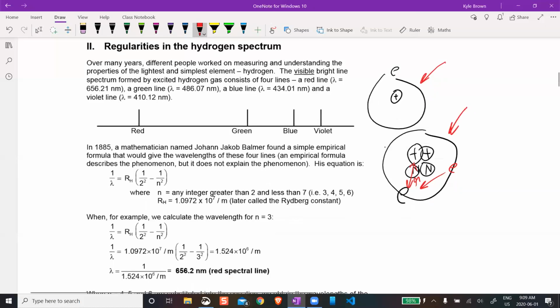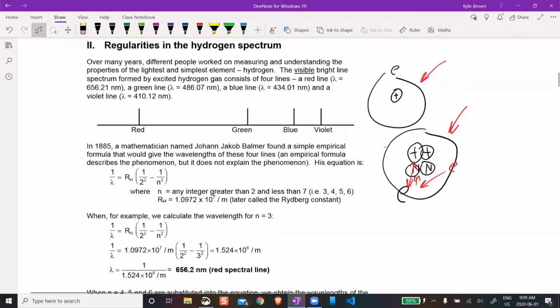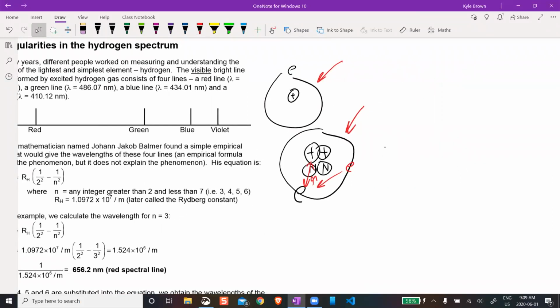And I find it kind of interesting, this is the difference between physics and chemistry. In physics, we like to focus on the interaction between a proton and an electron, right? And in chemistry, you're not only adding more protons and electrons, you're actually adding more molecules together.